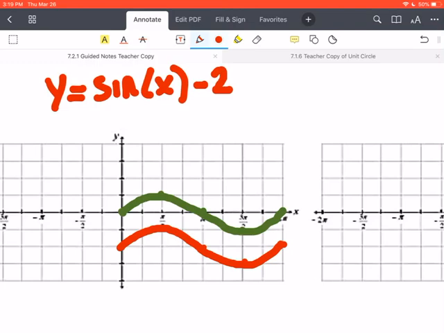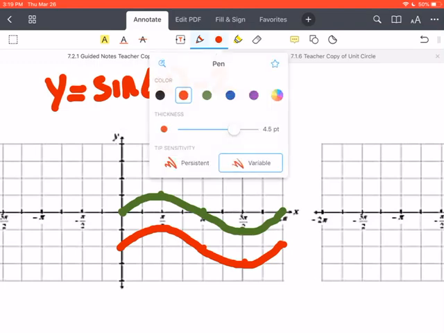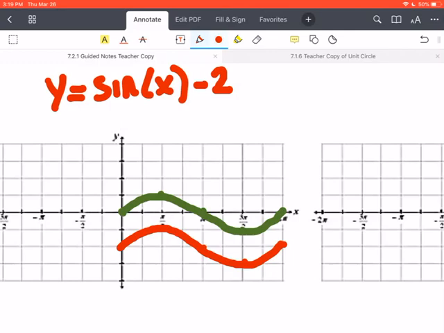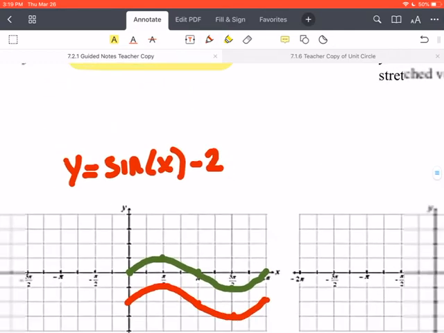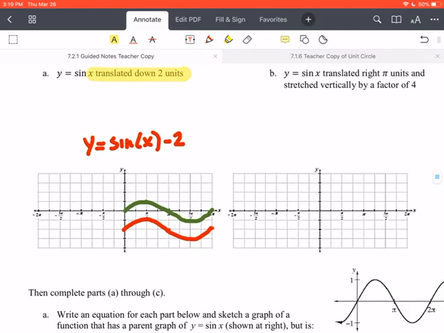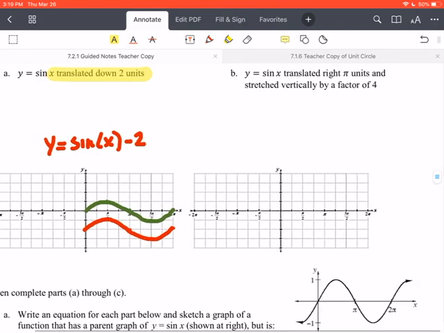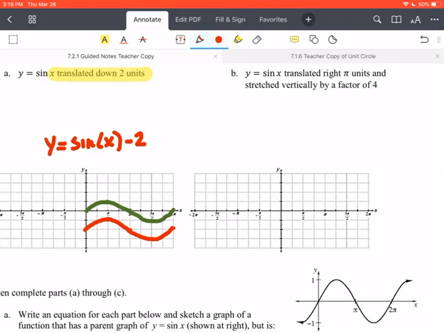So that -2 is tacked on at the end because it's a vertical shift. Okay. So now let's try a different one, and we're going to start again with y equals sine x. So try to do that on your own. Plot your points. Make your parent function.